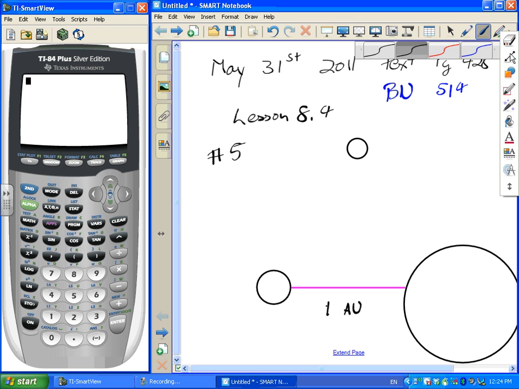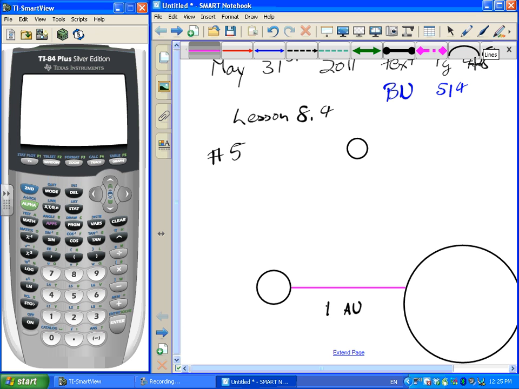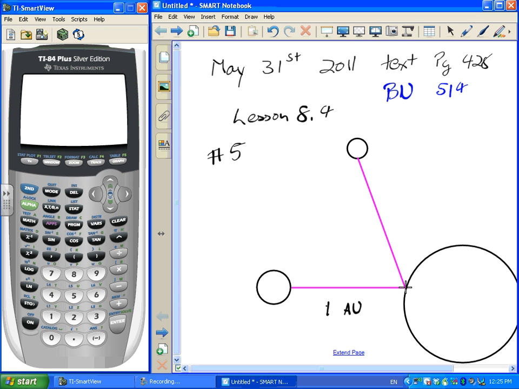It also tells us that at a certain point in time, Mars is 1.5 AU from the Sun. And one evening, Mars is seen from Earth to make an angle of 68 degrees with the Sun.